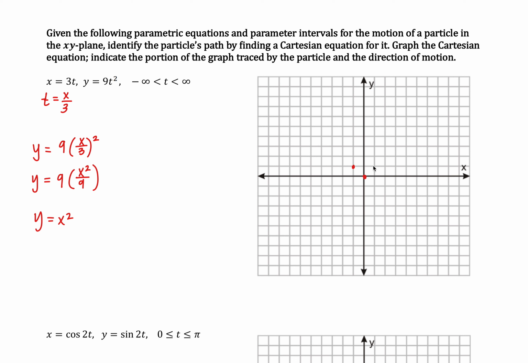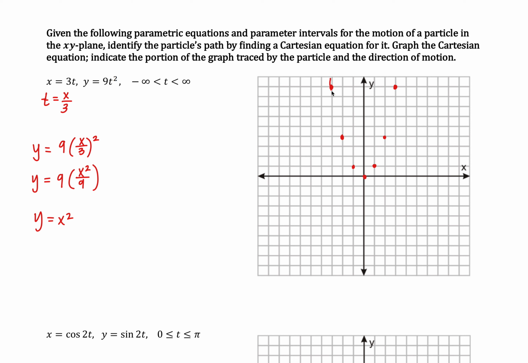Now, I'm just going to plot a couple of the standard points here on a parabola. This is going to open up. So it goes through the point 0, 0, negative 1, 1, positive 1, 1, negative 2, 4, positive 2, 4. And it would also hit negative 3, 9, and then positive 3, 9 as well. Since t covers negative to positive infinity, we don't have a starting or an ending point here.